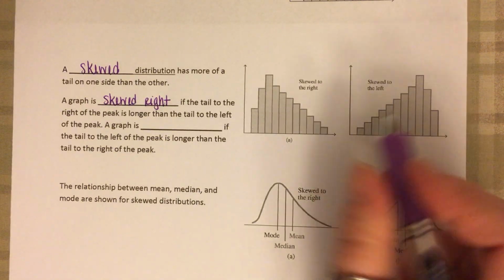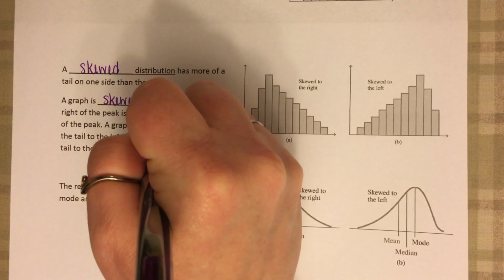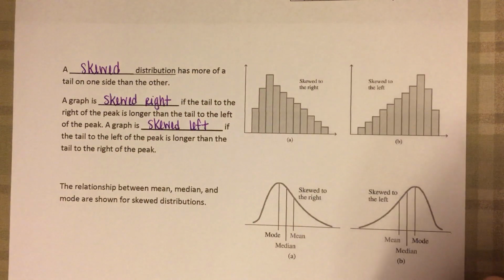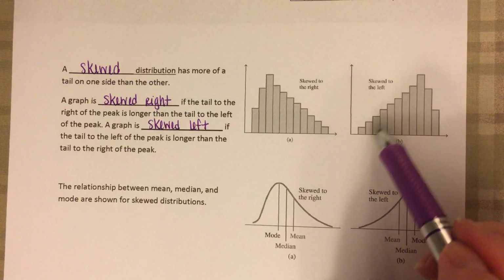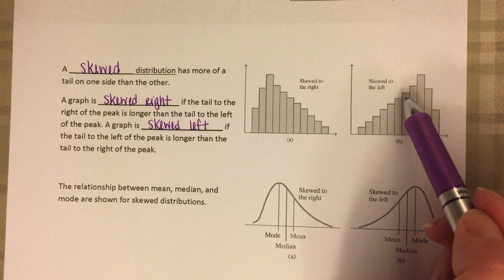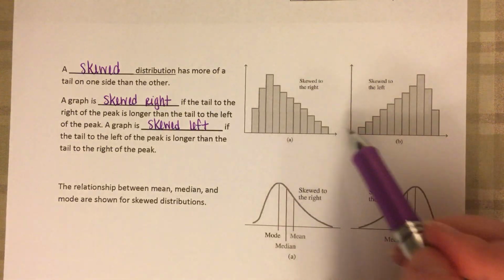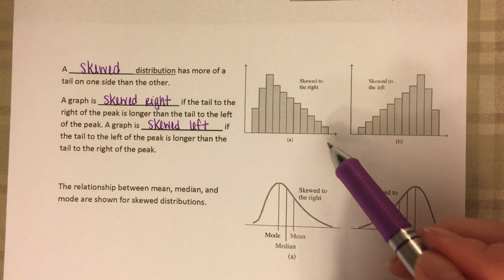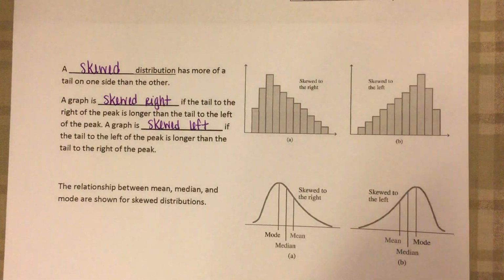A graph is skewed left if its tail is on the left side of the graph. And the tail refers to the part that has a lot of either decreasing or increasing values on this side, but we see more of a tail as we're looking at the curve.